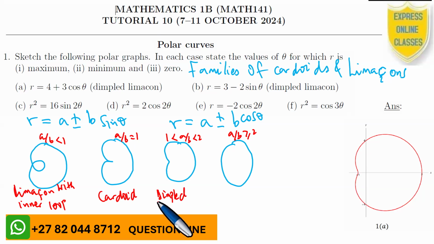And this one is called a convex limacon. So: limacon with inner loop, cardioid, dimpled limacon, convex limacon.